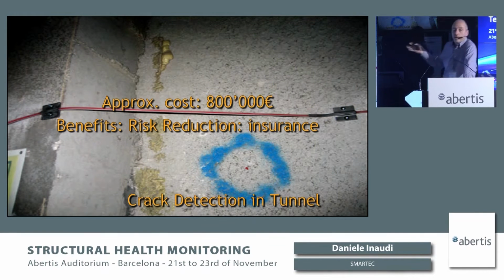The cost was very high for that instrumentation. And this includes everything, including installation, hardware. That's really the total cost. But there was a significant reduction of risk. And so the benefit was quite immediate in terms of reduction of insurance cost for the project.